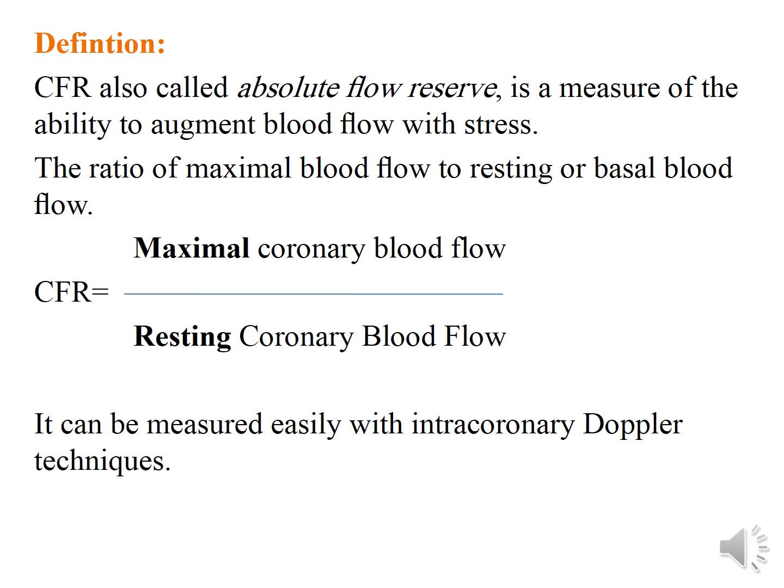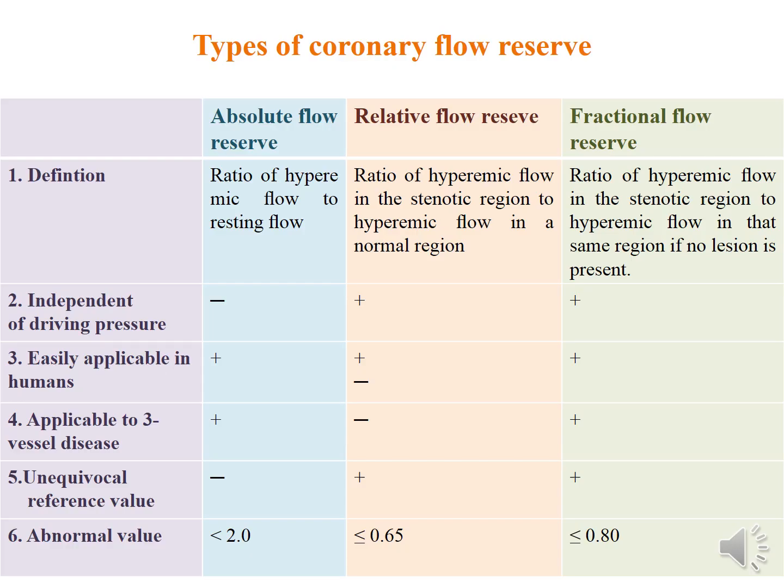The ratio of maximal coronary blood flow to resting coronary blood flow can be measured easily with intracoronary Doppler techniques. Types of coronary flow reserve: absolute flow reserve, relative flow reserve, fractional flow reserve.